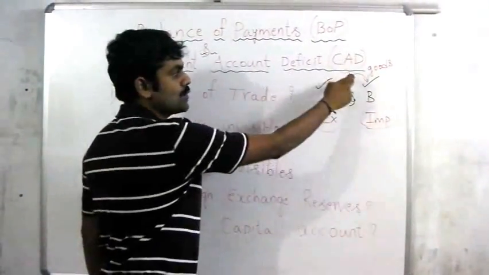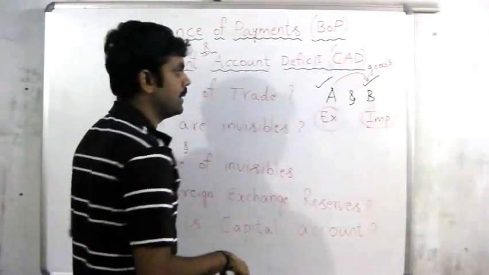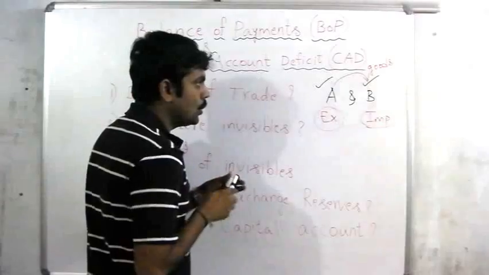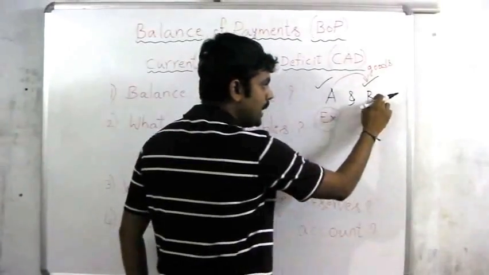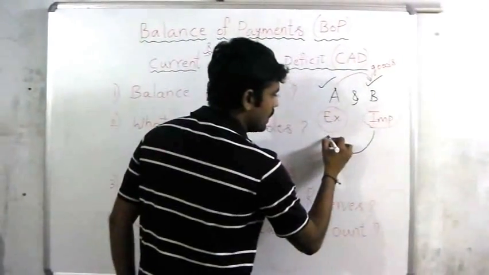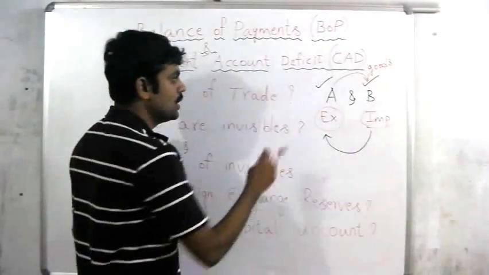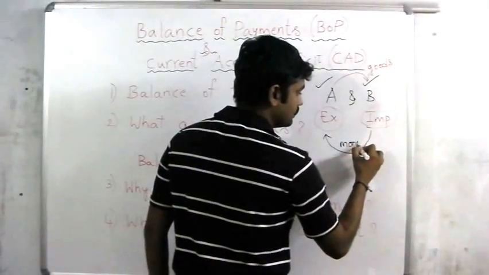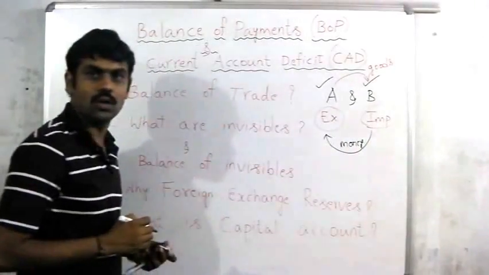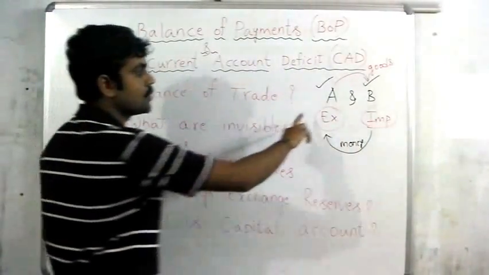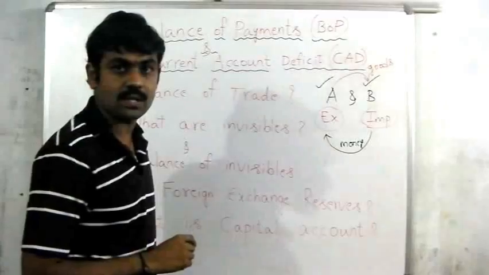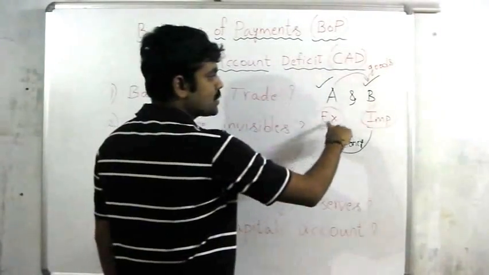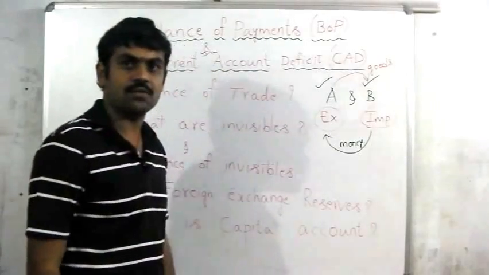Remember, they may be goods or they may be services, whatever it may be. So in response to those goods or services, the importer B will transfer funds, that is money, to the exporter A. Thus between the two countries the trade is taking place in terms of export as well as import of goods.